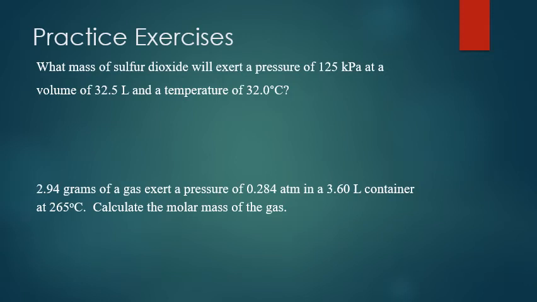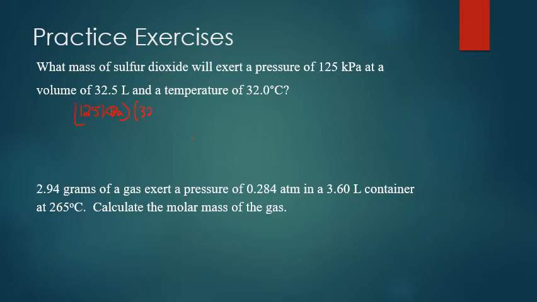Okay, so let's finish up with a couple of practice problems here. So we have, what mass of sulfur dioxide will exert a pressure of 125 kilopascals at a volume of 32.5 liters and a temperature of 32 degrees Celsius. So in this first problem, we would take the 125 kPas.